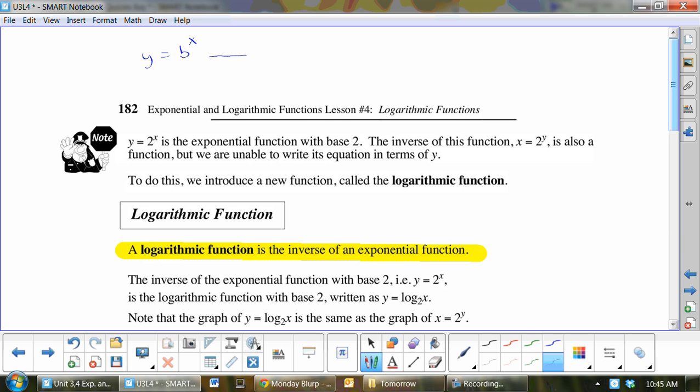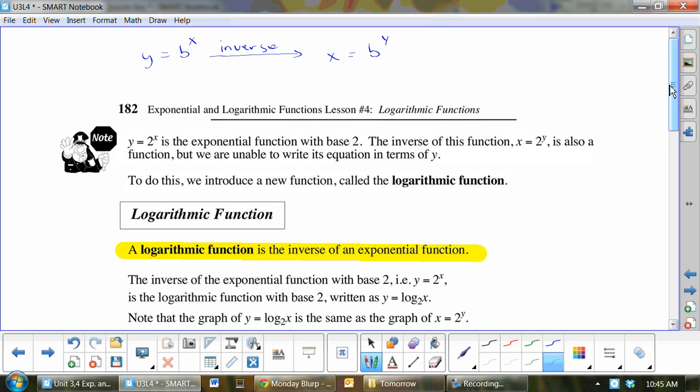Now, if I did an arrow like this, on the top of that arrow, I want you to write what would be the inverse? X equals b to the y. Does that make sense? This is an inverse on x equals y, right?